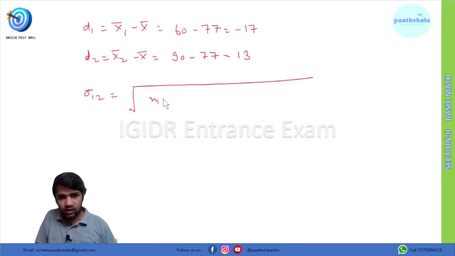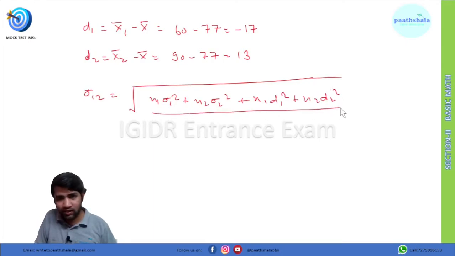Now the formula for the combined standard deviation, let's say sigma 12, is under root of n1 sigma 1 square plus n2 sigma 2 square plus n1 d1 square plus n2 d2 square, whole divided by n1 plus n2.